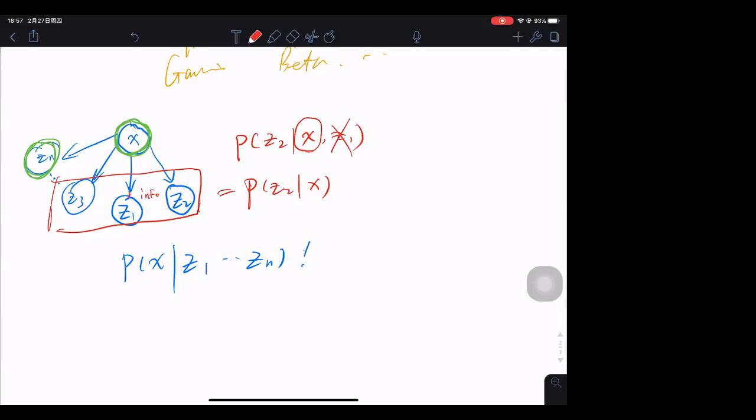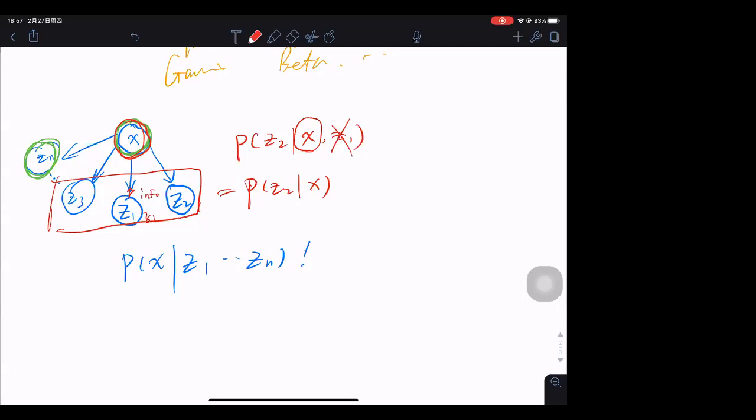I want to pass this information to the system so that everybody knows Z1 has observation Z1. But when I use this information to infer this X, then it will not be further passed to other sensors, because every other sensor thinks if I know about X, I don't need any help from Z1.